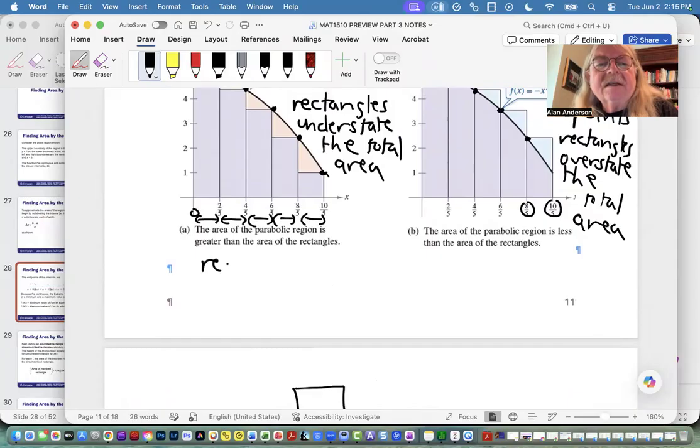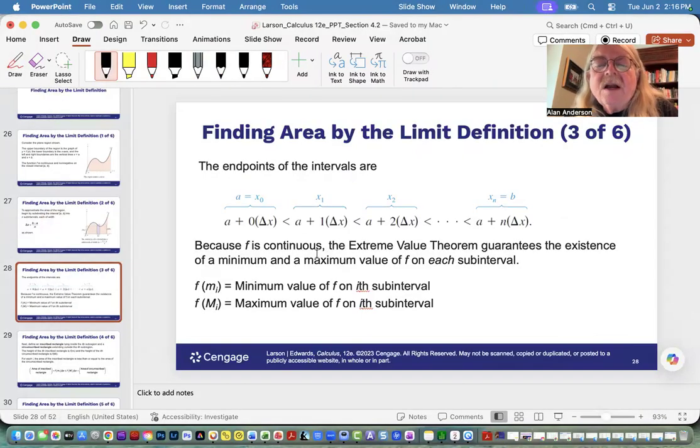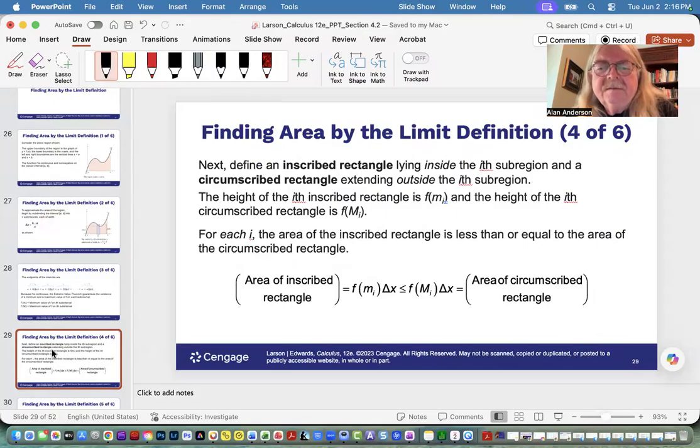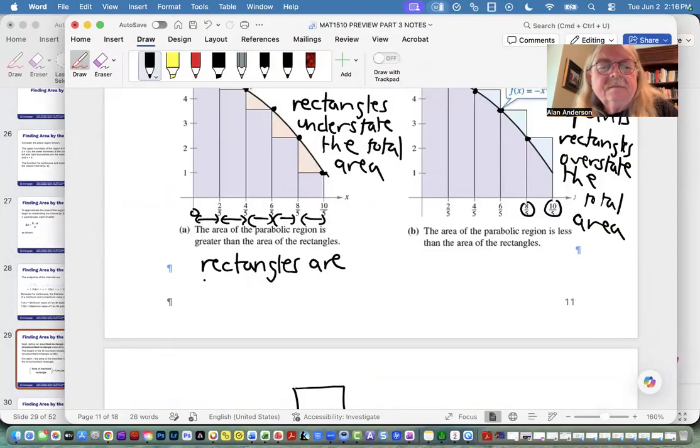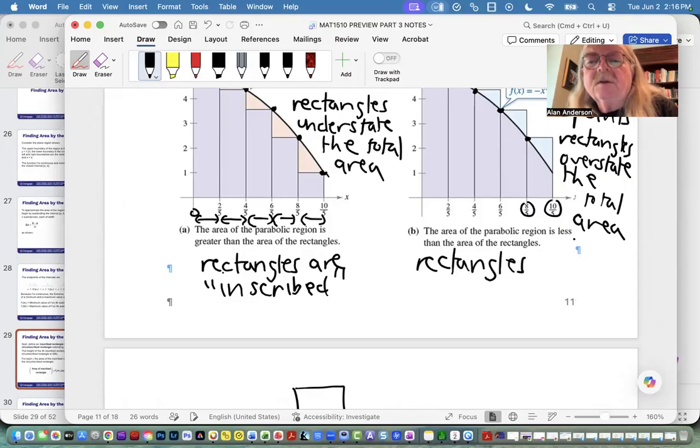Here we say the rectangles are inscribed, as they're called. And over here, in other words, over here where the left endpoints are touching the curve, the rectangles are circumscribed.